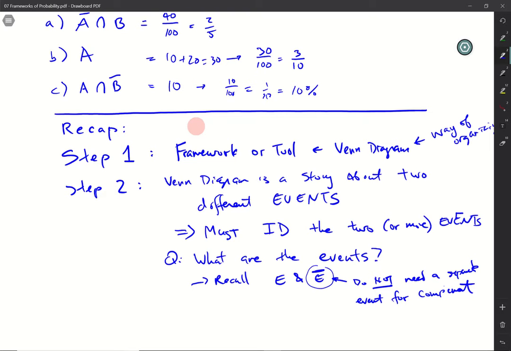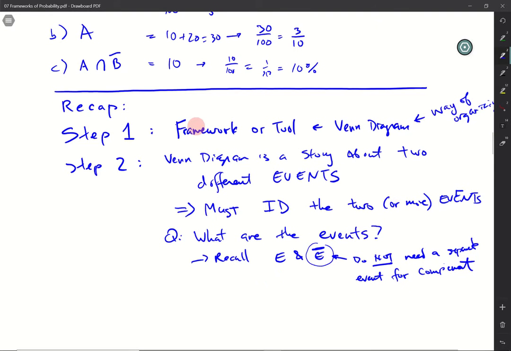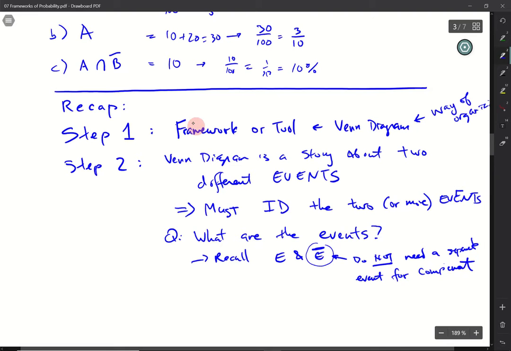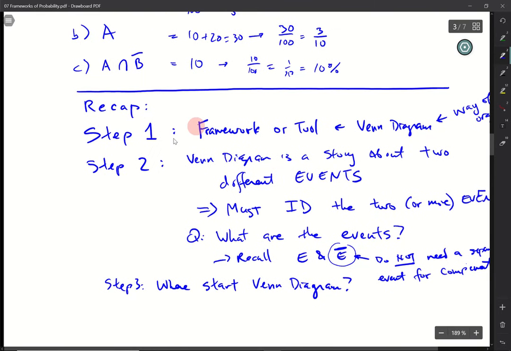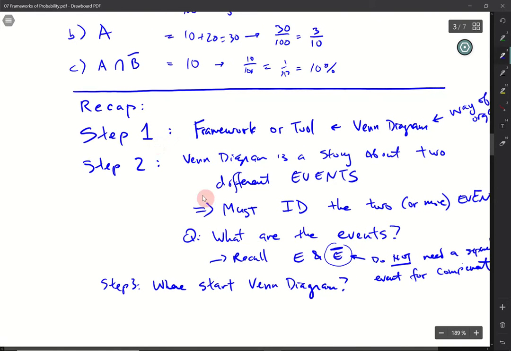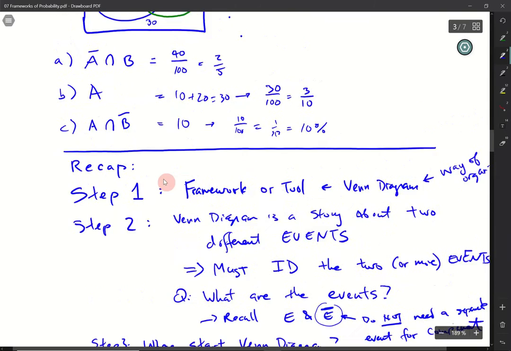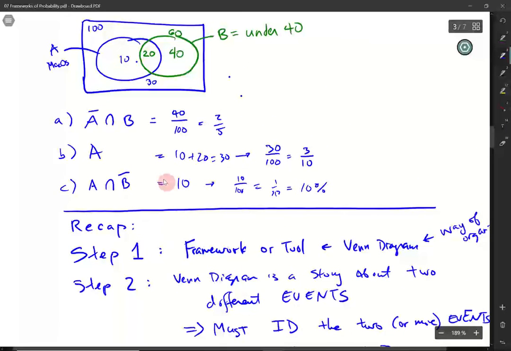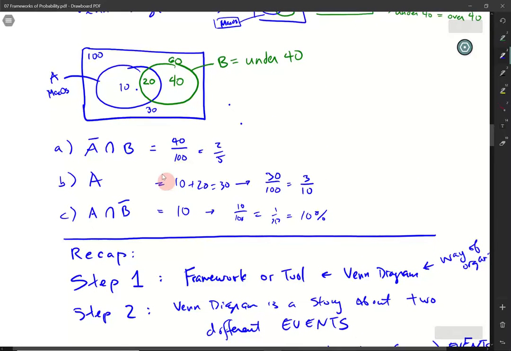Okay? And then when you start to do the Venn diagram, where do you start? So we know we want to use a Venn diagram. We define our events. Where do you get started?